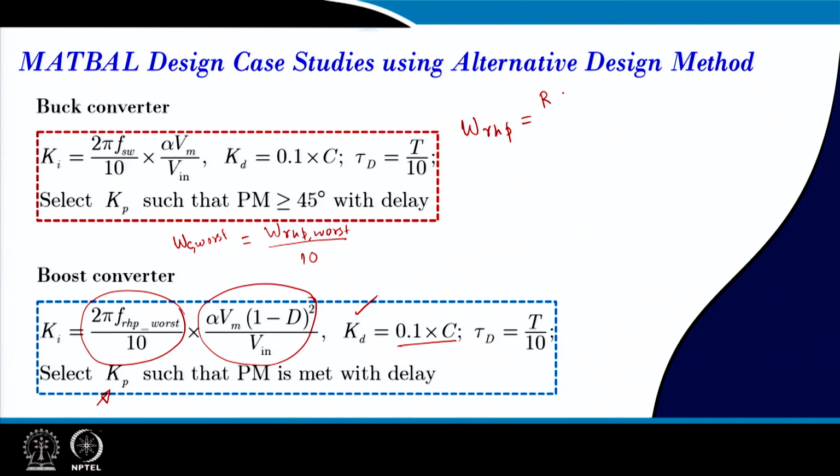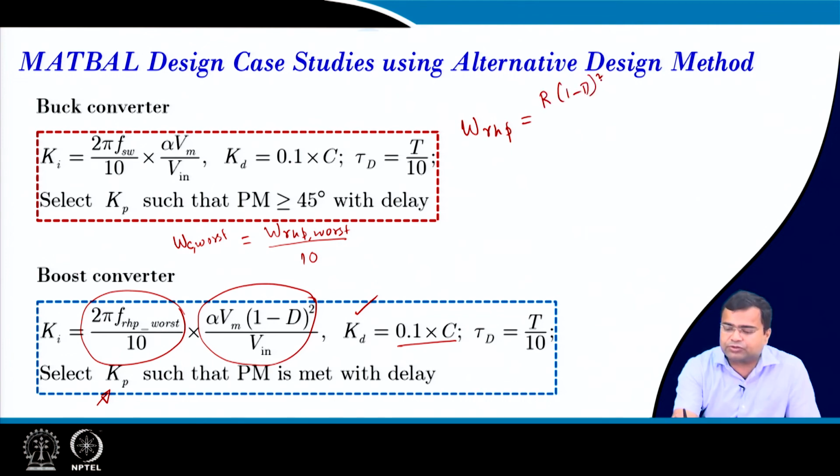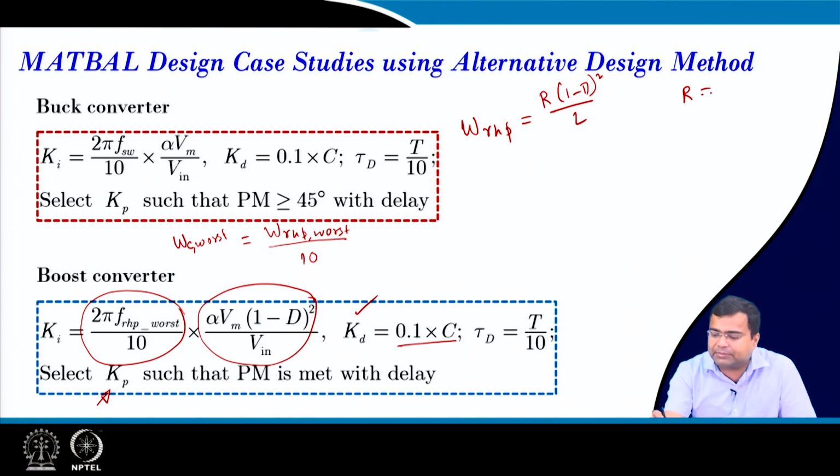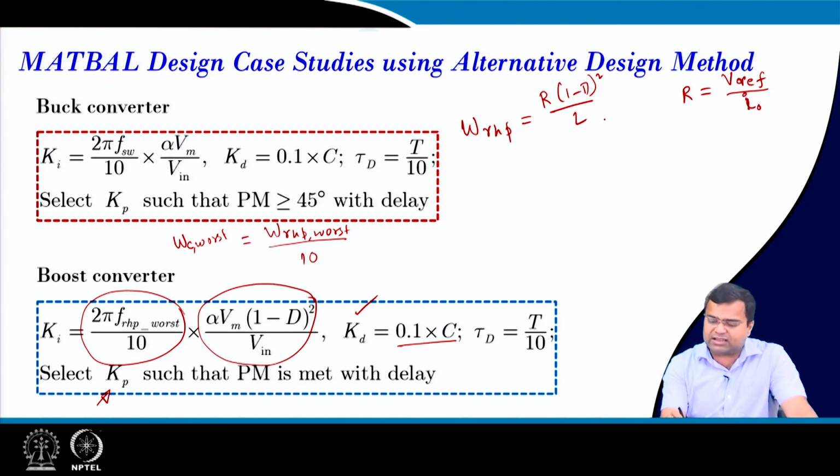It is R times 1 minus d, whole square, by L. If you want to write it in terms of load current, R is nothing but V0, and if we maintain the output voltage at Vref by means of the integral, it is Vref by I0. That is our R. For the worst case, R has to be minimum, which is Vref divided by I0 max.